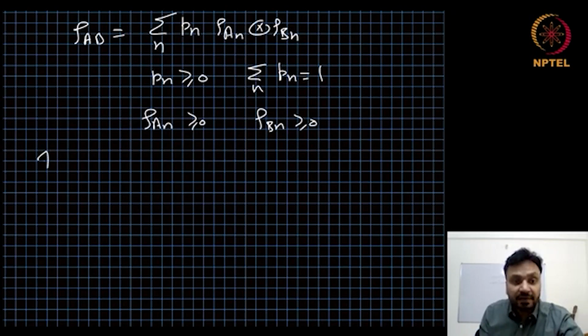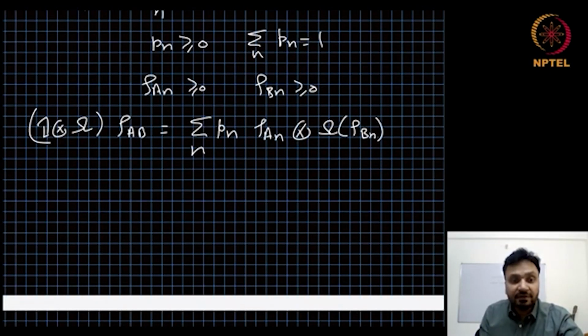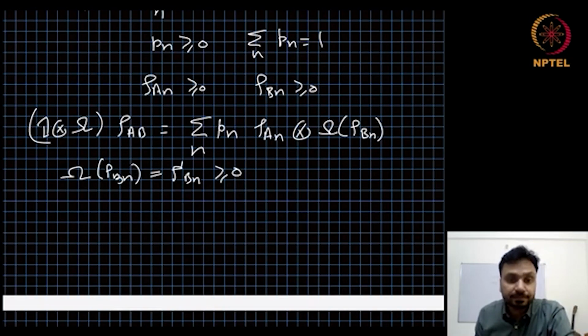So when we apply the positive map omega on one subsystem of rho AB, it can be written as Pn rho An, meaning nothing on rho An, tensor omega acting on rho Bn. If omega is positive, and it is positive, then the transformed rho Bn will be rho prime Bn, which are also positive operators.